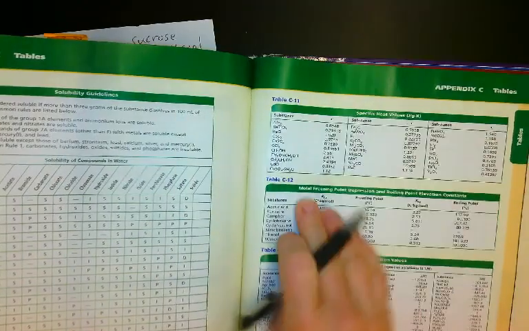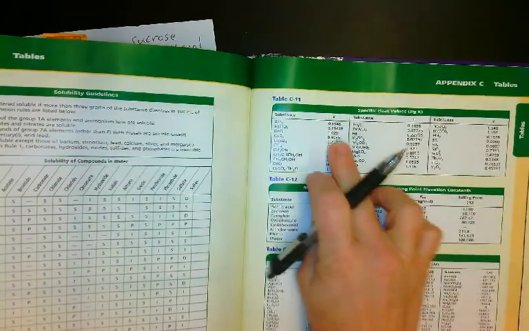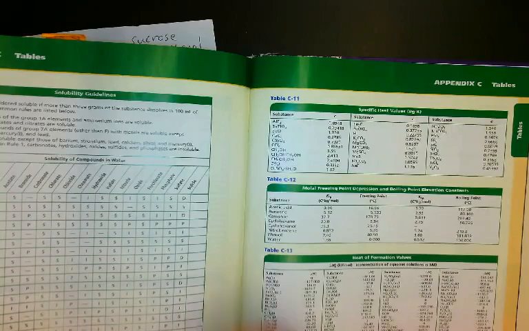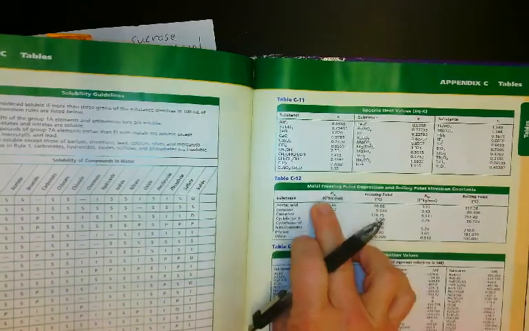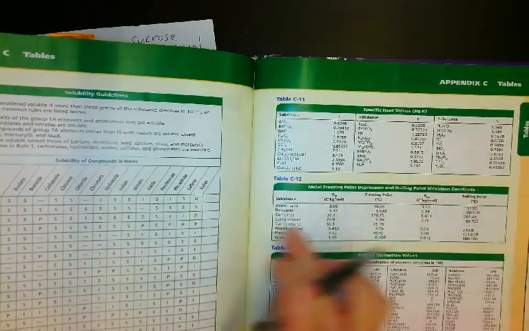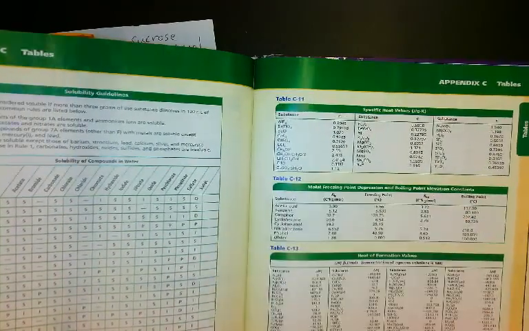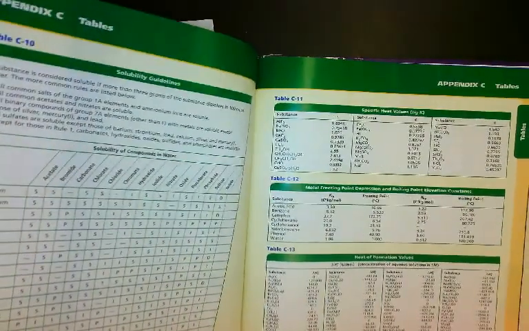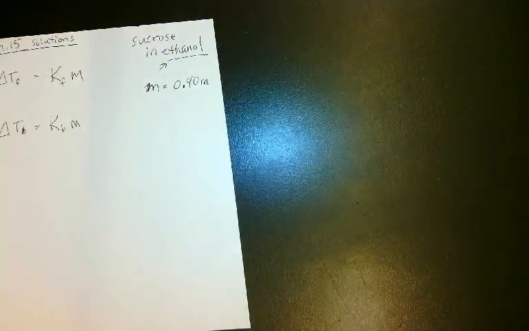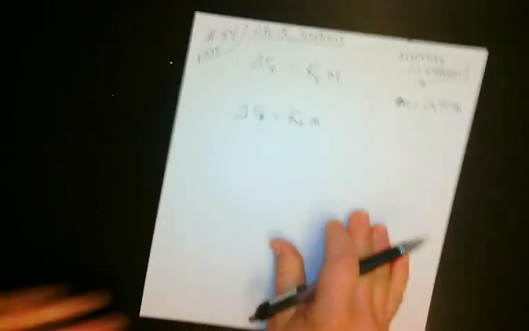We have specific heat values for our energy things. We have delta H values, freezing points, K boiling point, K freezing points. So we've got some values here. So just be sure that you check all your tables first before you say, oh, I can't do it. I know it's kind of tough to extrapolate the information.